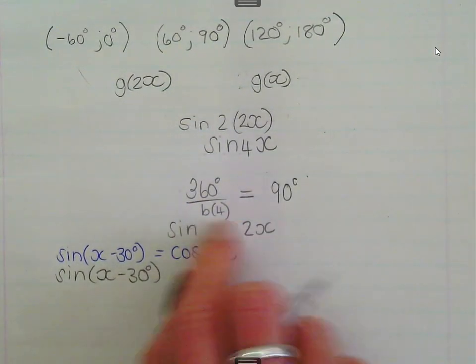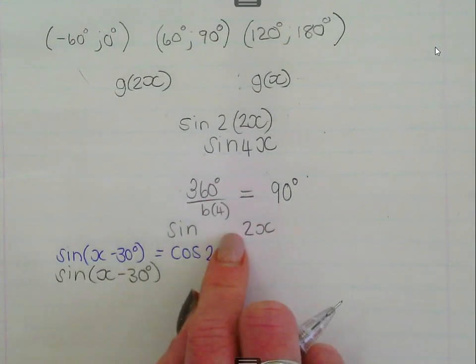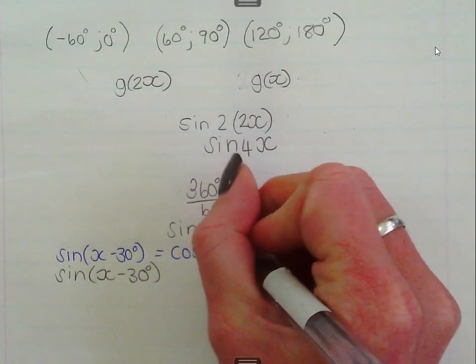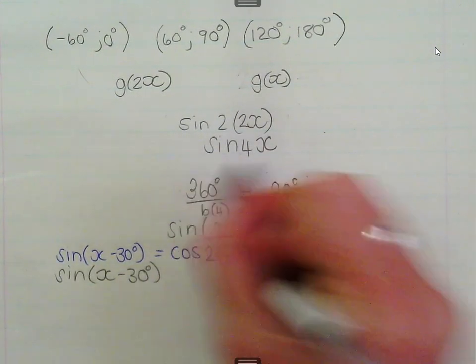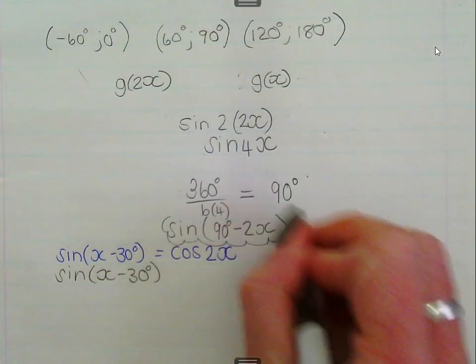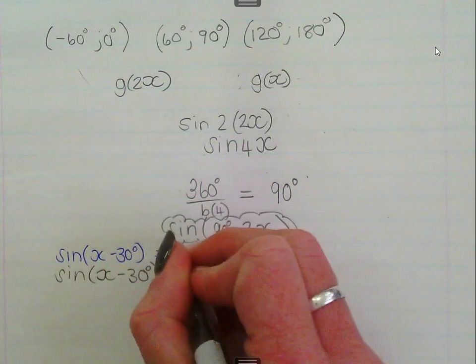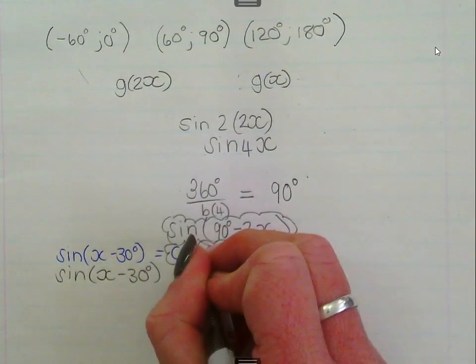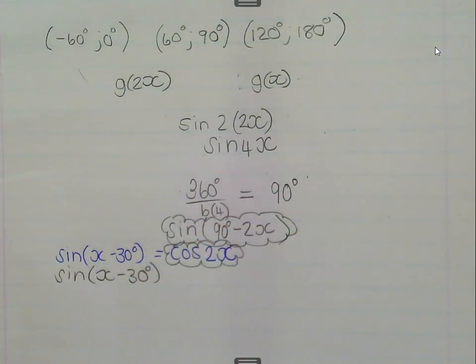What did it have to have there? 90 degrees minus. That thing and this thing is exactly the same. Do you agree with that?